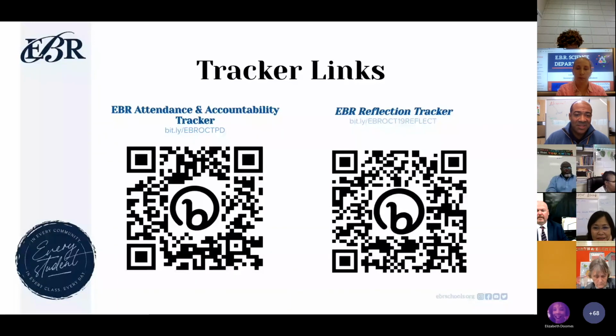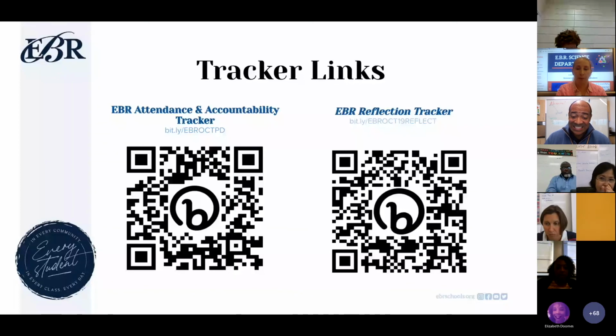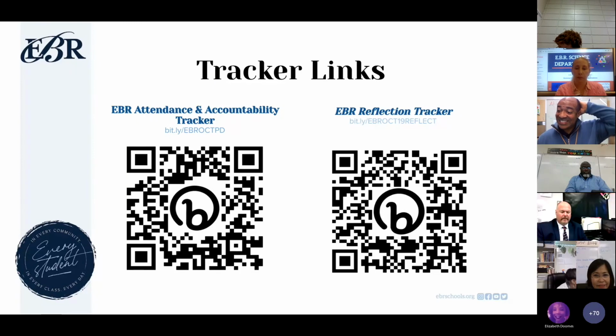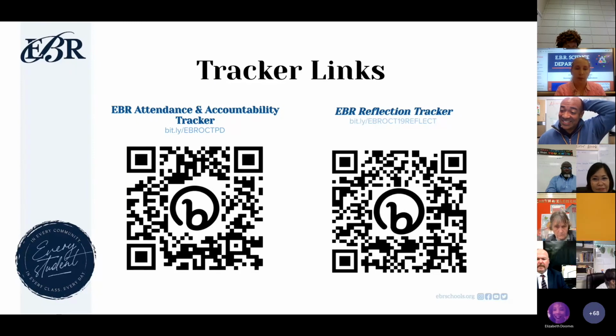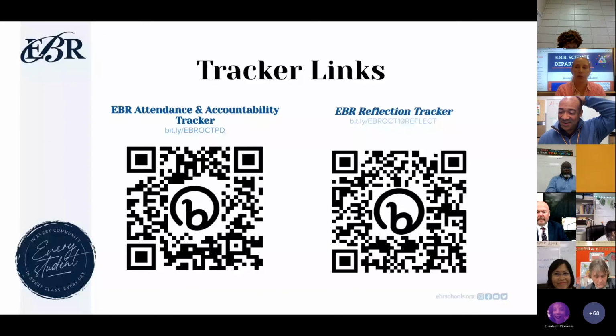Heather, can I say something? Don't forget, Bitly is case sensitive as well. You can also use your phone to do the QR codes that are showing.